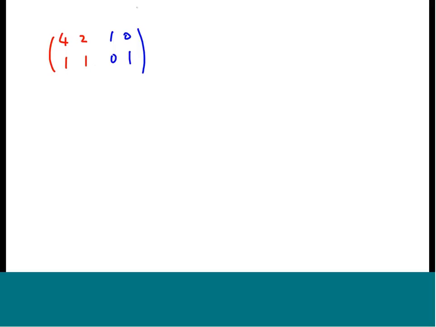Okay, the inverse is 1/2, minus 1, minus 1/2, 2. Yeah, looks good to me.